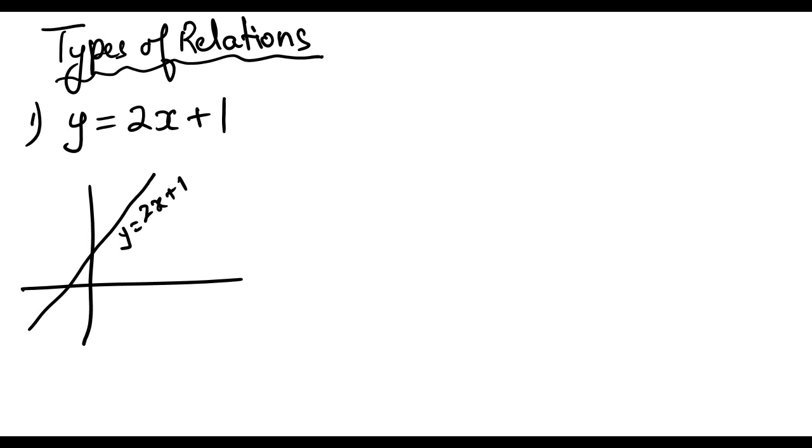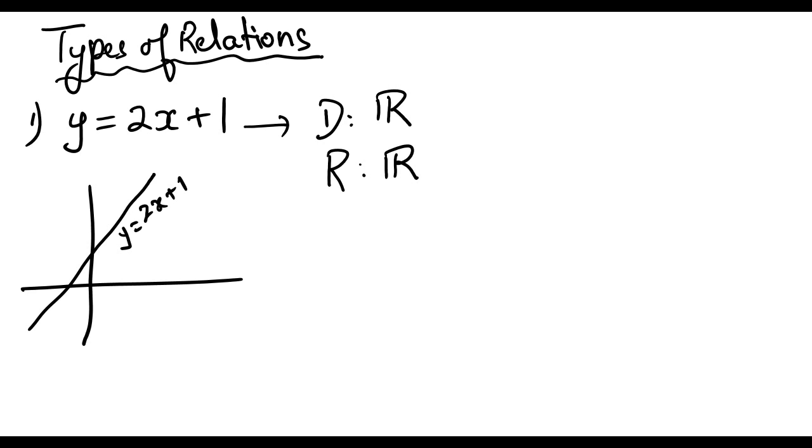We know that the domain of this is going to be the set of all real numbers, and of course range is also going to be the set of all real numbers. As you substitute a real number, multiply by 2 and add 1 to that, you are going to get another set of real numbers, right? So domain and range are both sets of real numbers in this case.